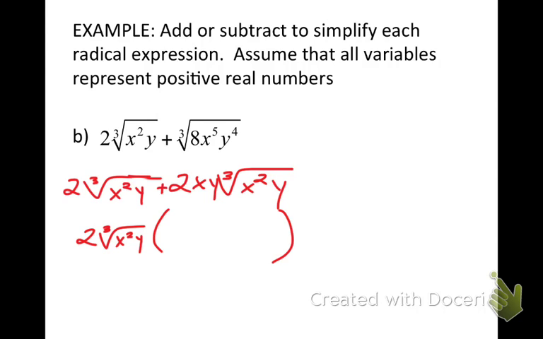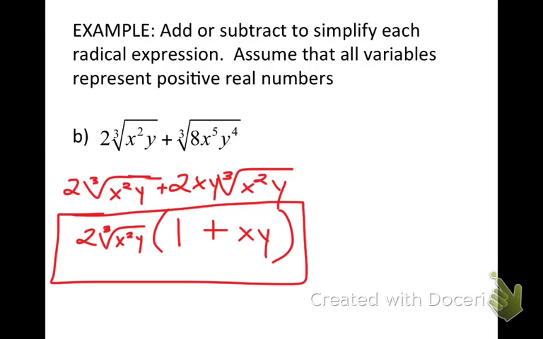If I take everything out, what do we put there as a space filler? 1, right? If I distribute it, it would get me back to that. If I factor out the 2 of the second term and the whole radical, what would be left over here? Just the xy. Good. That's how the book's going to want you to put your answer, by factoring out the greatest common parts. That's the most simplified version you can do.